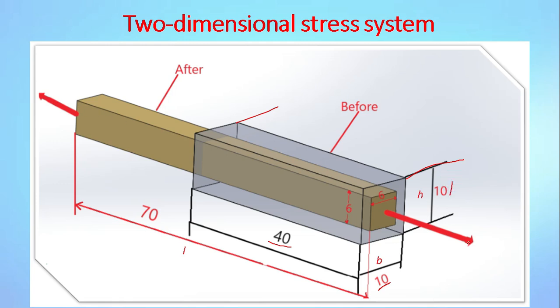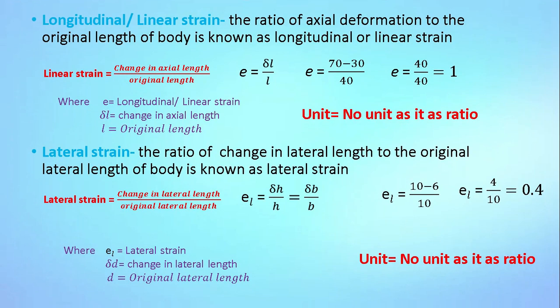If we apply tensile load along the axis, due to the effect of tensile load, suppose its length increases from 40 to 70, and its breadth and height change, breadth 10 to 6 and height 10 to 6. Then we will understand these two concepts, longitudinal strain and lateral strain.